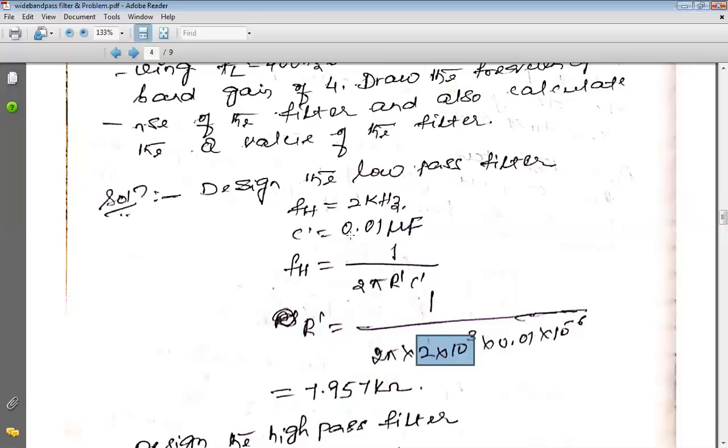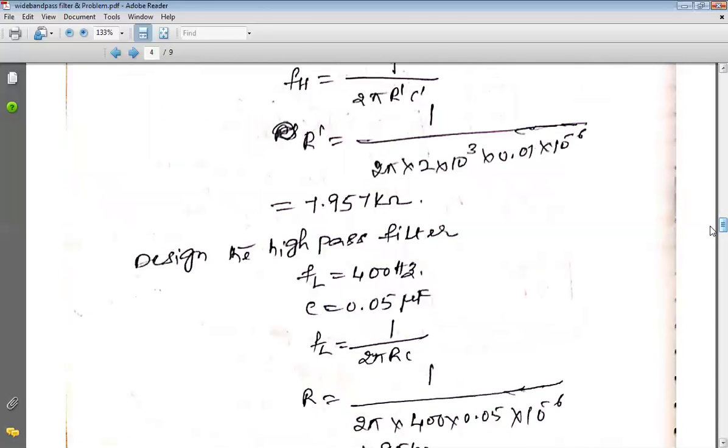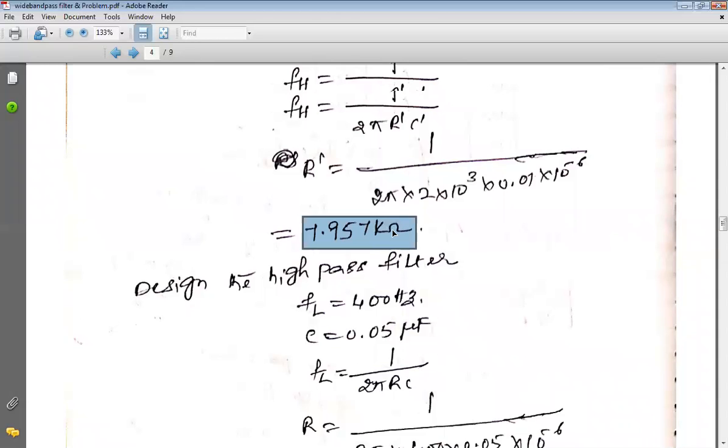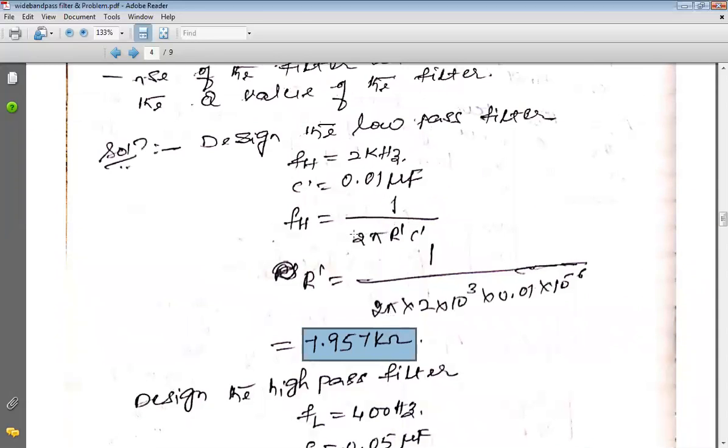FH is 2 kilohertz, and the C dash value we assumed is 0.01 microfarads. Therefore, I am getting the R dash value of the low pass filter section as 7.957 kilo ohms. We assumed C dash and calculated the R dash value.